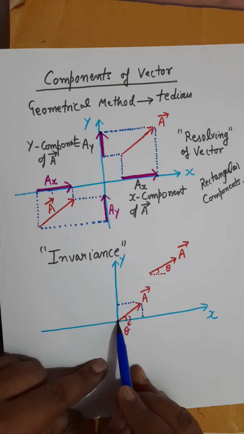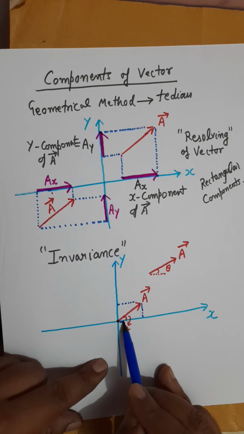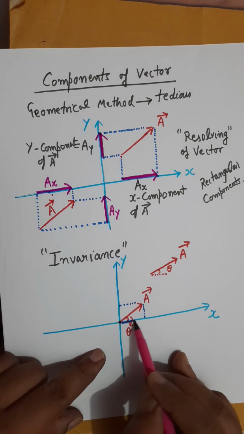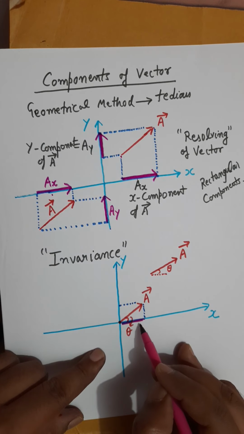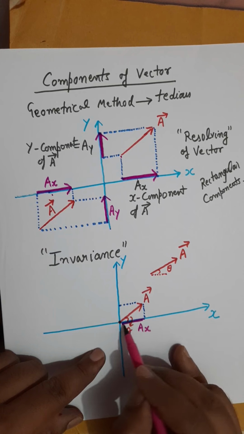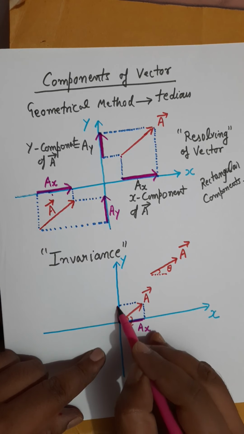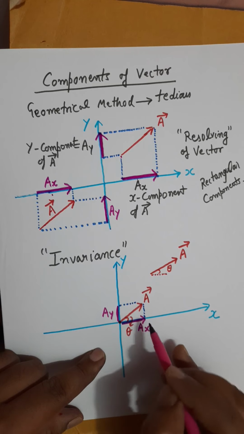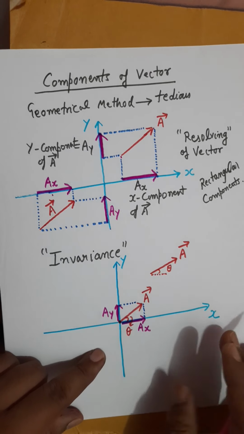And here is the other end of the vector, but the other end of the vector is now on the origin, so no need of drawing a perpendicular. So by the previous theory, this length will be called AX, that is the x component, and this length will be called AY, that is the y component. You will put some arrow like this.